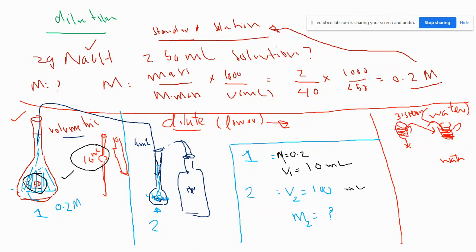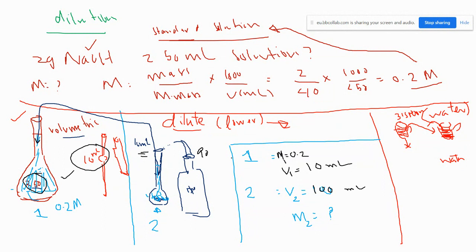Why did I not write 250? Because 250 is the volume of the flask and doesn't matter. Whenever we do dilution, the volume that matters is the amount I take out for dilution purposes, which is only 10 ml. I took 10 ml from here and diluted to 100 ml. It means I will add 90 ml of water, but I am not caring about the water; rather, I will care about the whole solution after dilution.